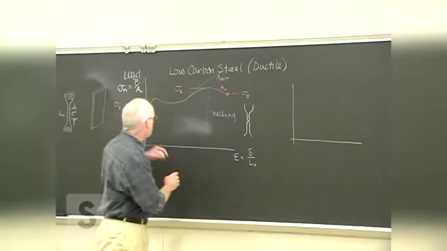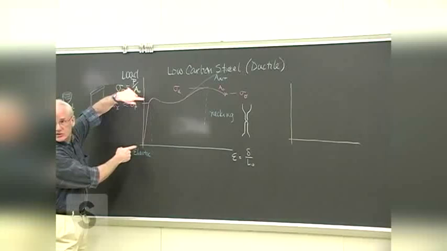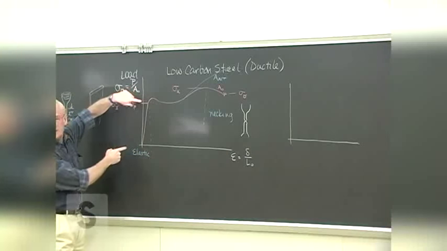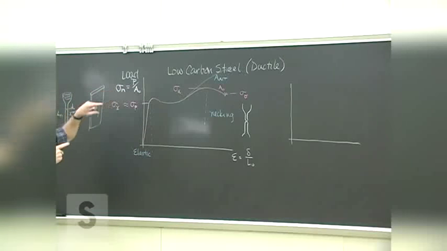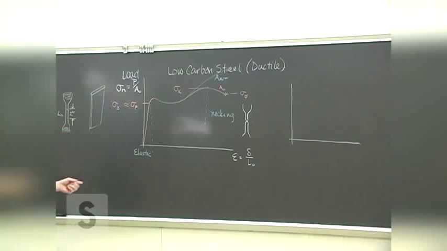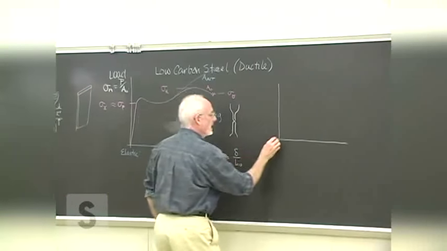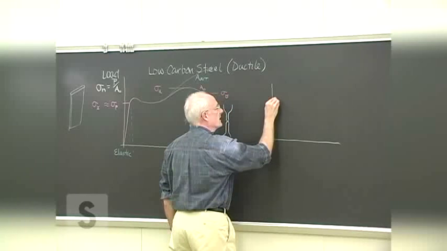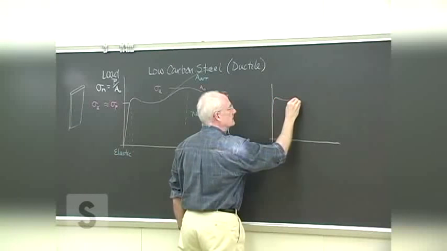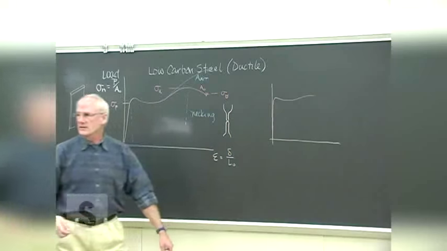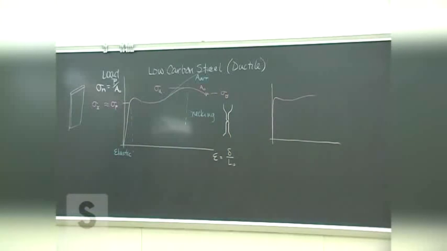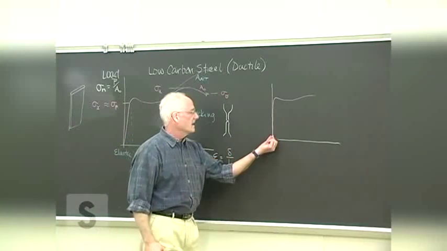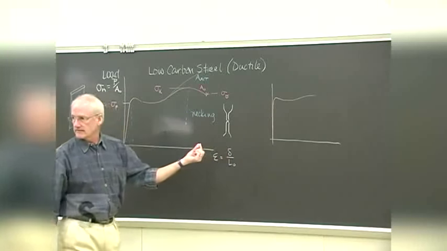And that's because there's very, very little strain in this elastic region for these low carbon steels. They don't elongate very much. So the true diagram actually is more something like this, where it's very, very difficult even to see the slope in that early region because there's so little strain through that elastic region.